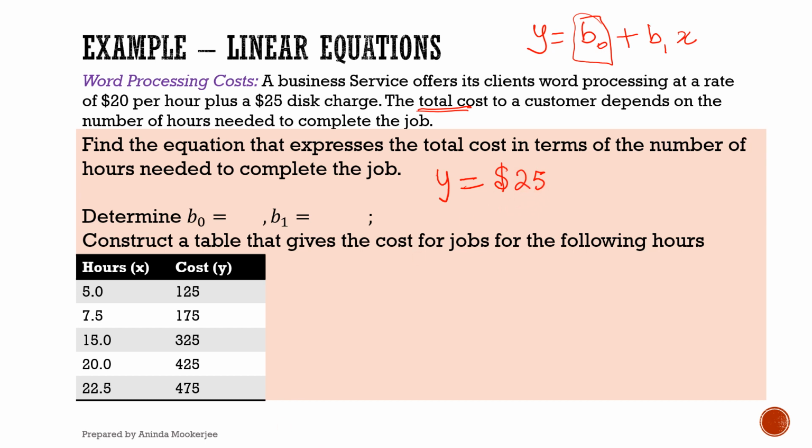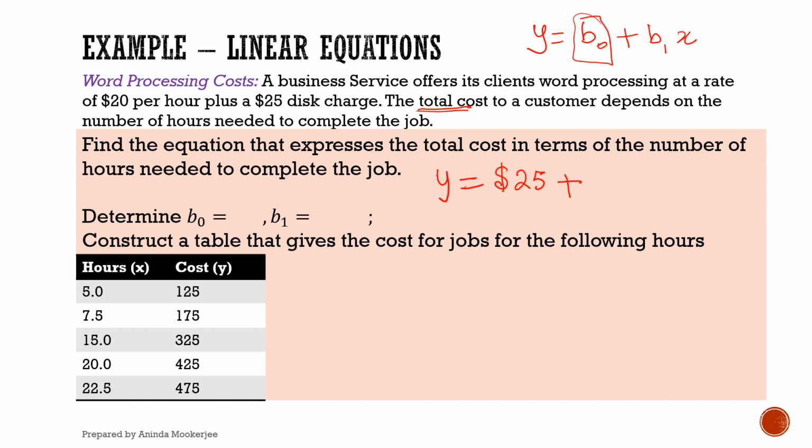And then plus, that's the form of the equation, plus for every hour it will cost $20. So if someone spends 1 hour on the job, it's going to be $20. If they spend 2 hours, it's going to be 20 times 2, $40. If they spend 5 hours on the job, it's going to be 20 times 5.